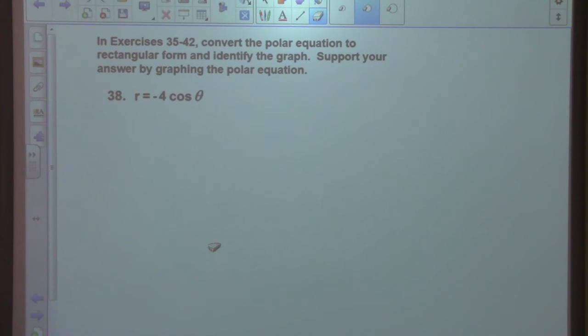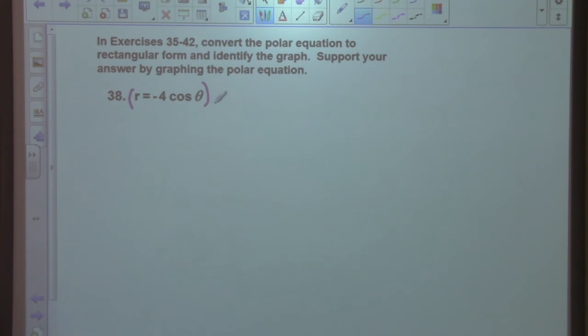Yeah, if you do that, you'll have negative 4 r cosine theta, yeah, it'll be negative 4x. Yeah. So, same thing as before.